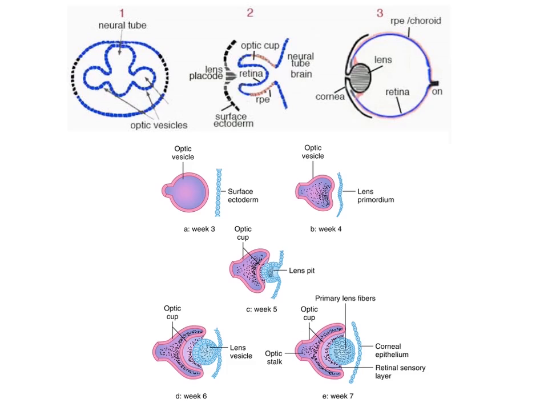So the lens is formed from the surface ectoderm, and the capsule of the lens is formed from the mesoderm. That's why we can separate the lens and the capsule during surgery.